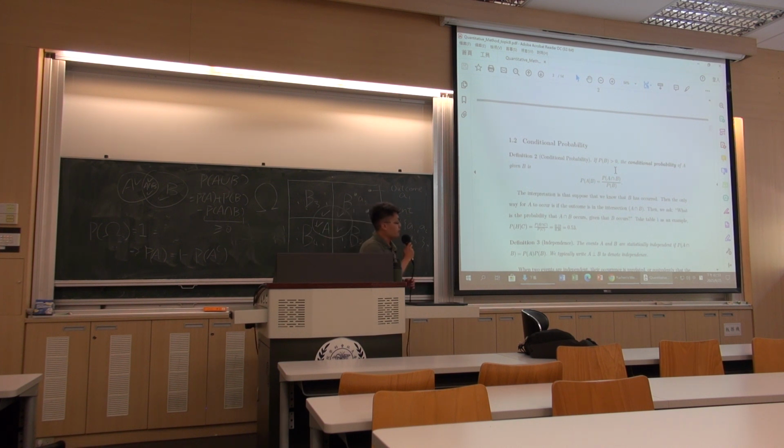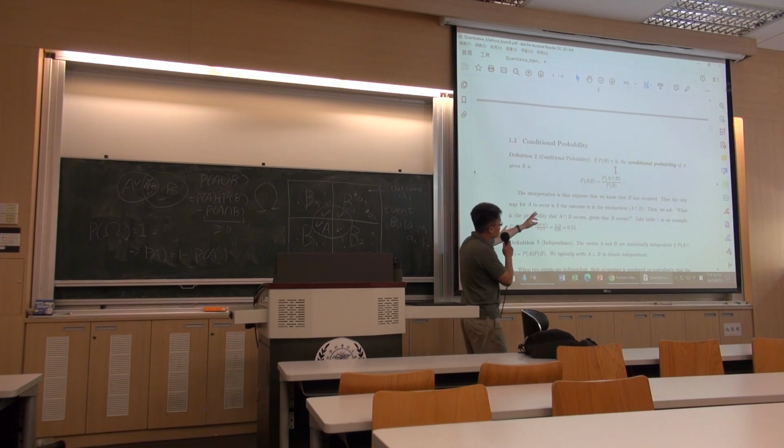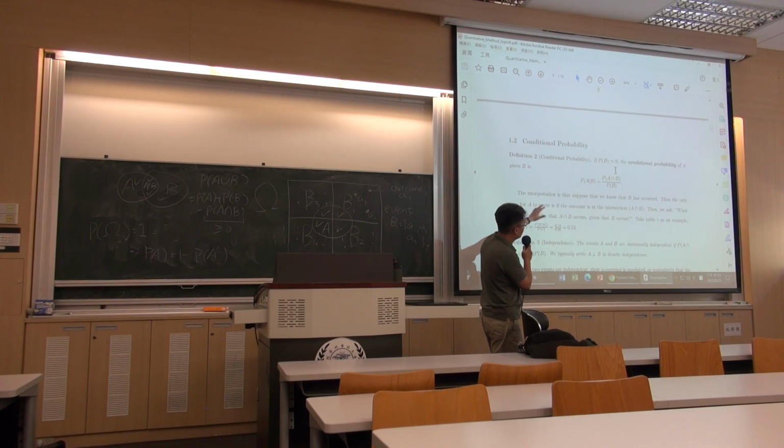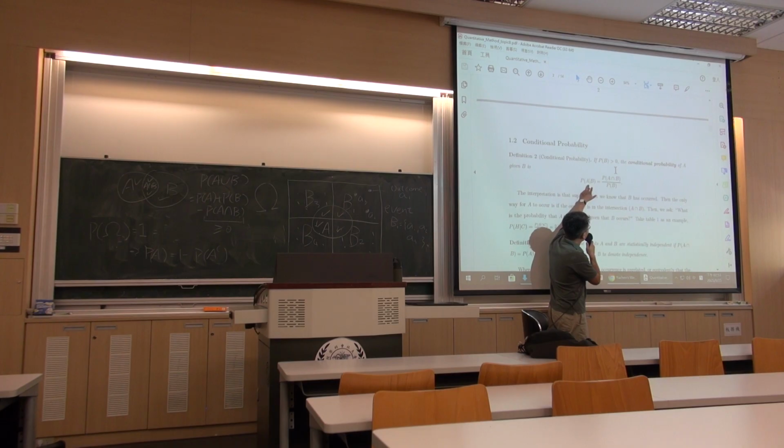And if the probability of event B is greater than 0, the conditional probability of A given that B already happened, we write this way, P of A, then a vertical line, and B. So the way to calculate it is this way. First we look at the intersection of event A and event B, and what would be the probability of it happening.